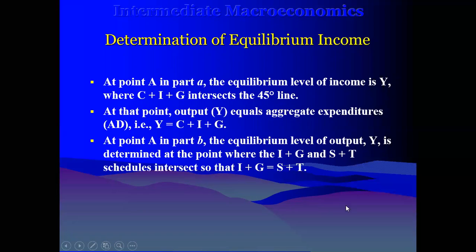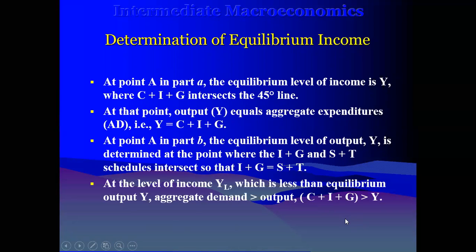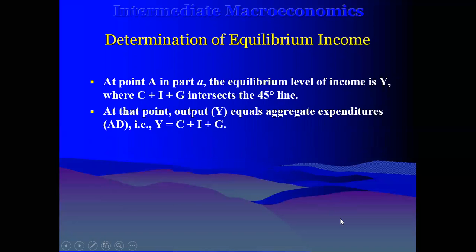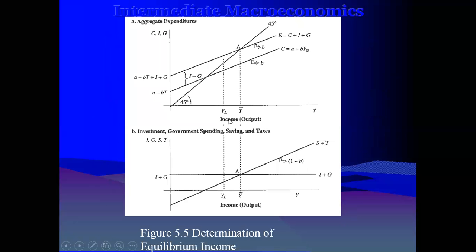Okay, this is just what I just explained. If you take this Y, when you take Yl and trace it to the 45 degrees line and then the expenditure line, you can see that aggregate expenditure here is greater than the output level.